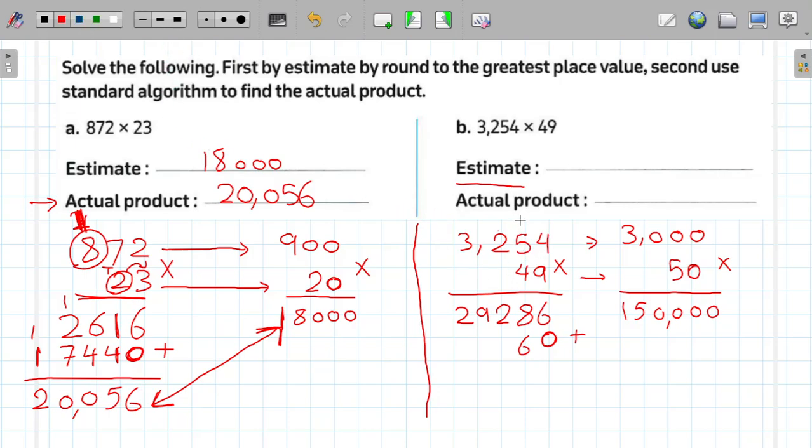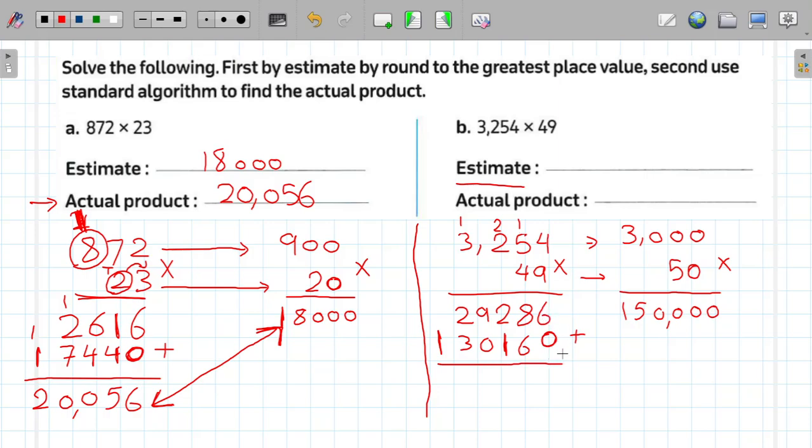So I have 4 times 4 equals 16, and I will write 6 and carry up 1. 4 times 5 equals 20, and 20 plus 1 equals 21. So I will write 1 and carry up 2. 4 times 2 equals 8, and 8 plus 2 equals 10. So I will write 0 and carry up 1. 4 times 3 equals 12, and 12 plus 1 equals 13. So I will write 13.